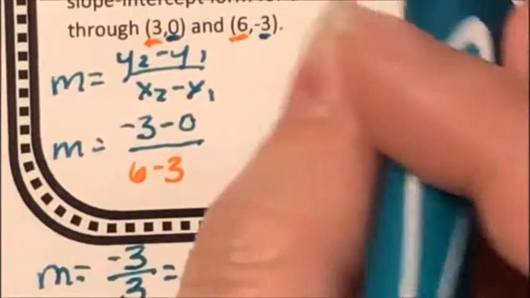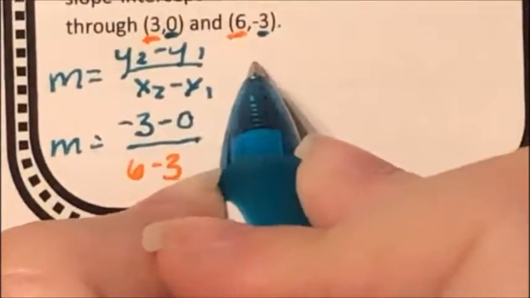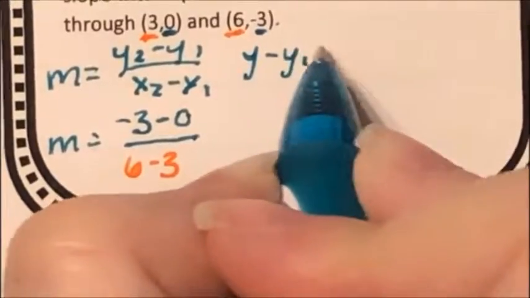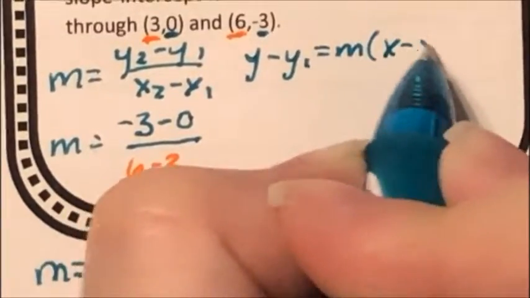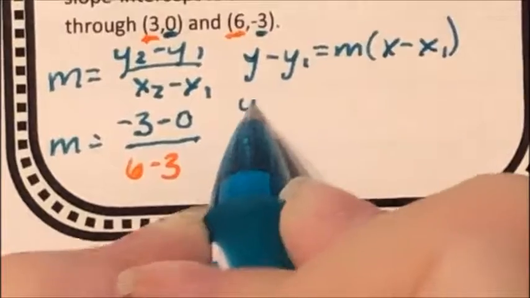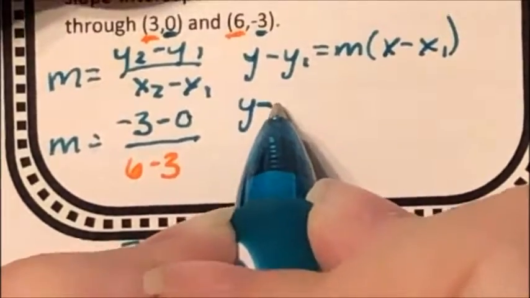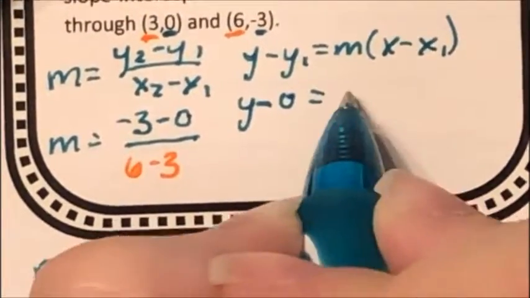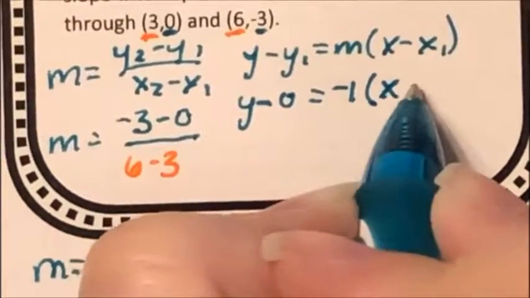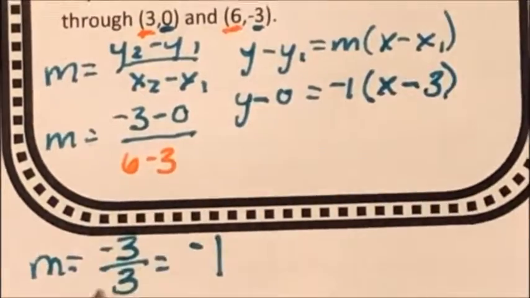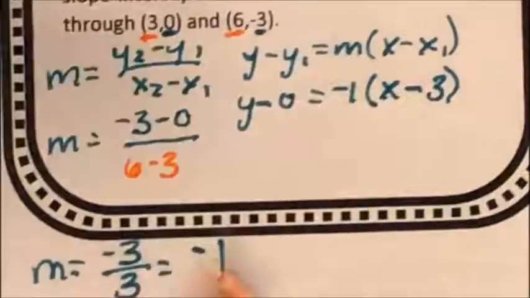Okay. So then I can go with my point slope form. So y minus y1 equals m times x minus x1. Y minus 0 equals -1 times x minus 3. So there's my point slope form.